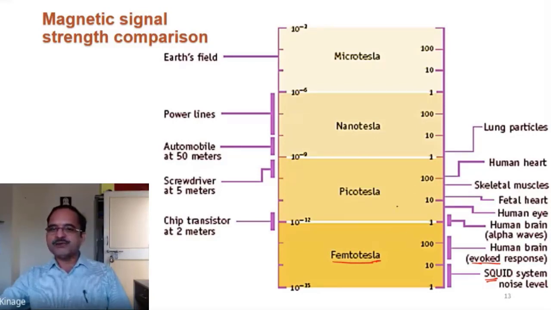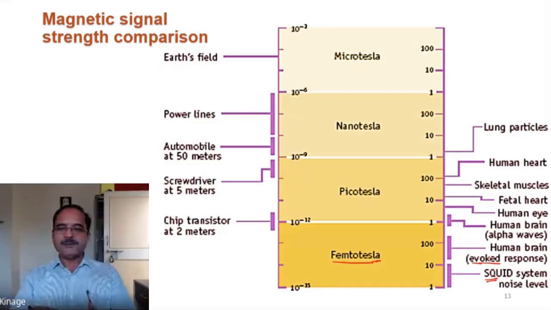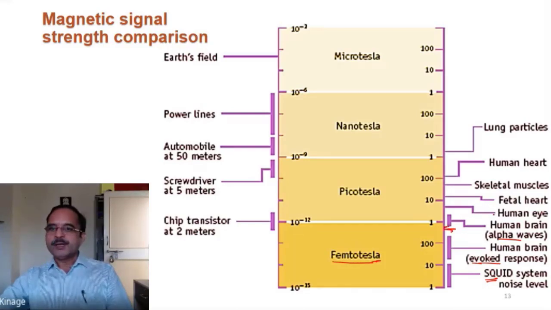Then last time, as we have seen, corresponding to our human brain, there are different frequencies, alpha, beta, delta, and so on. Okay. So those are in this range. Then human eye. Now this is the range in picotesla, 10 raised to minus 12 Tesla. Human eye, fetal heart, skeletal muscles, human heart again, then lung particles and so on.